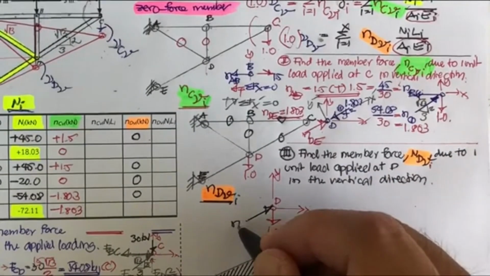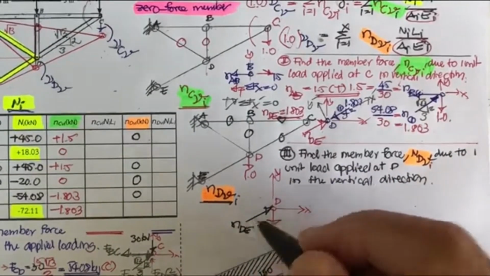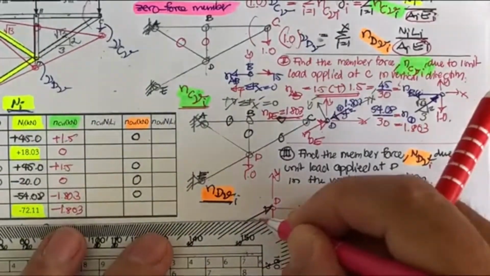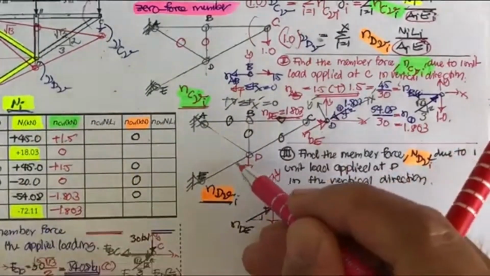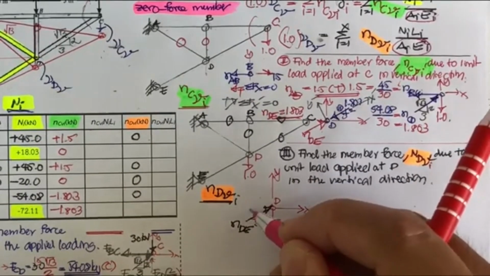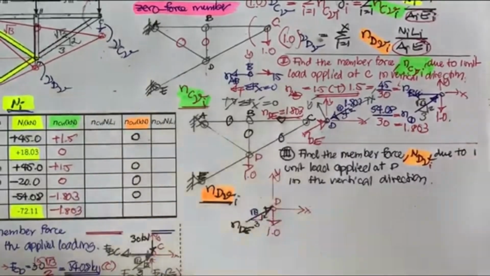This is going to be N sub DE, and N sub DE has the angle of 2, 3, and square root 13.